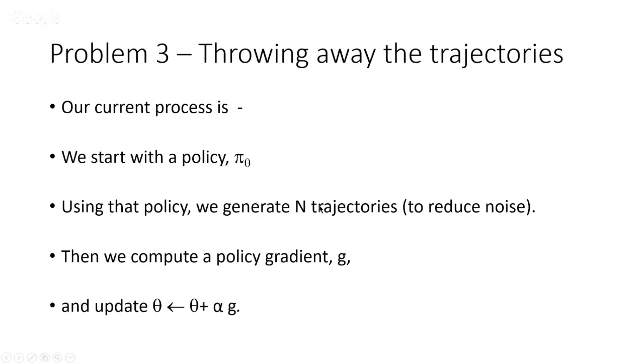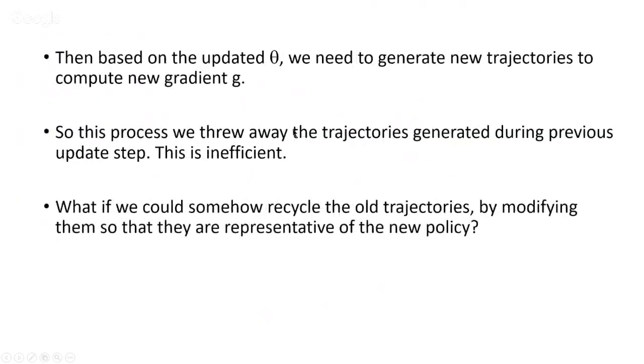They are thrown away, right? We don't use them. So in this process, we throw away the trajectories generated during the previous update step, which is inefficient, right? Because we are not properly using our computing resources, our power supply, everything, because we are doing the same thing again and again.